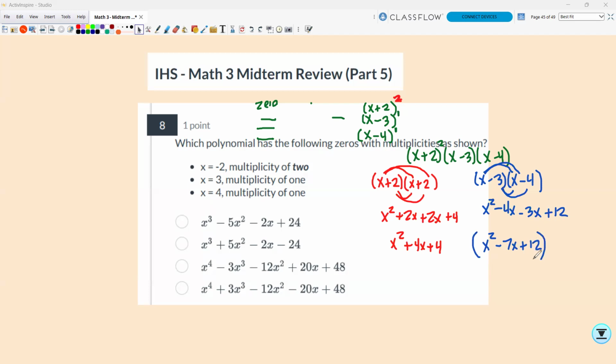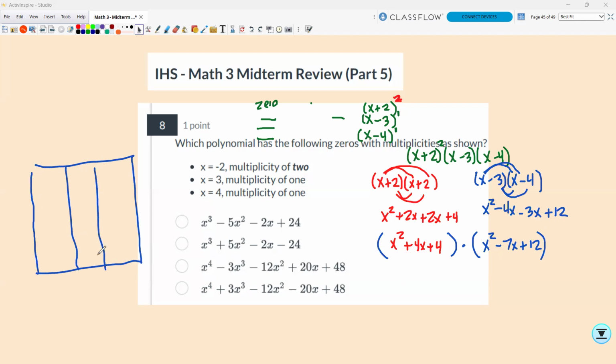And then we're going to multiply those together and definitely utilize a box on that. So we'll just do a big old 3x3 box and see if we can do that correct multiplication. Be very careful with your terms. So we'll do x squared, -7x and 12. And then we'll do x squared, 4x and 4. All right, so that's going to give you x to the fourth power.